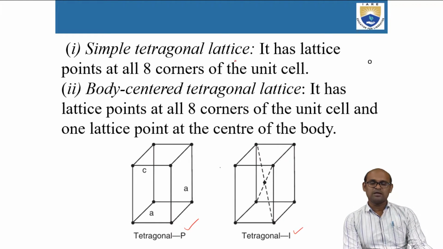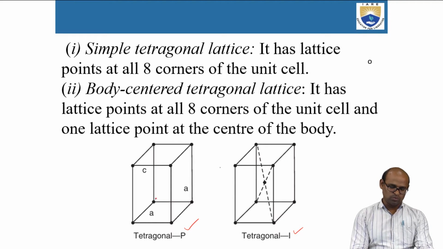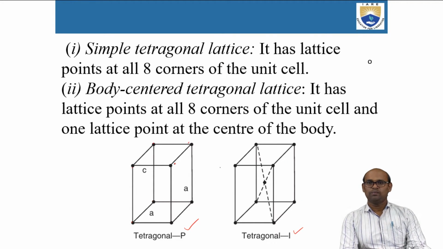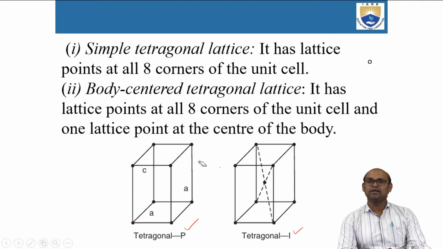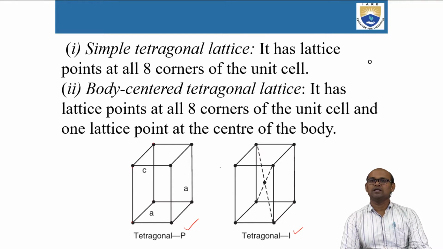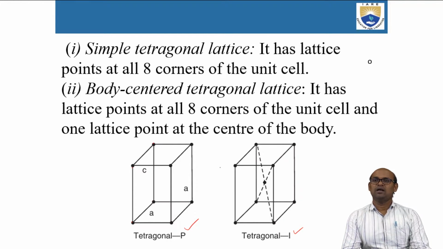So the simple tetragonal lattice has lattice points at the 8 corners of the unit cell. So 1, 2, 3, 4, 5, 6, 7, 8. So you have 8 lattice points at the 8 corners of this lattice, and that is the simple tetragonal crystal system. And the body-centered tetragonal lattice has a lattice point at all 8 corners of the unit cell, 1, 2, 3, 4, 5, 6, 7, 8.